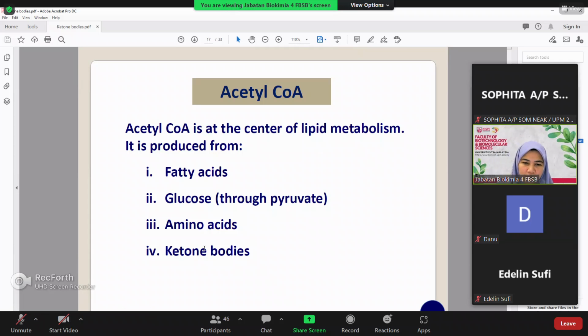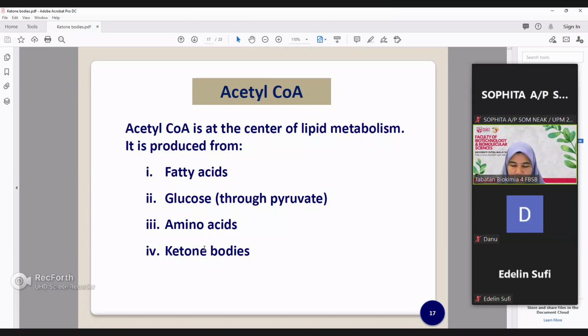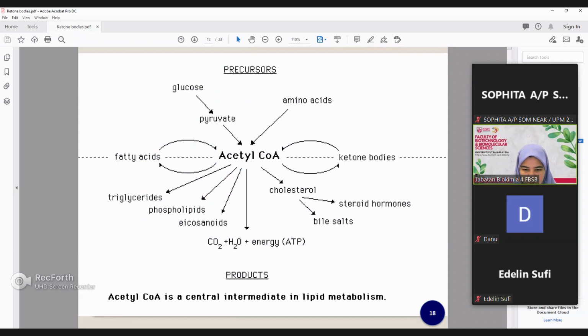Okay, acetyl-CoA. We know that acetyl-CoA is the central metabolite for lipid metabolism and carbohydrate metabolism. It can be produced from fatty acids, from glucose through glycolysis, from amino acids and also ketone bodies.